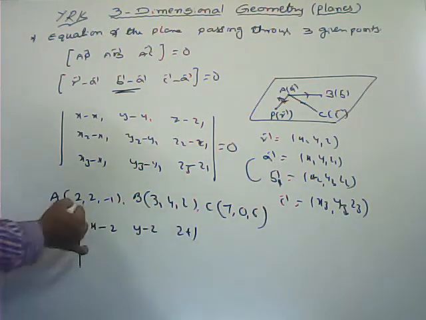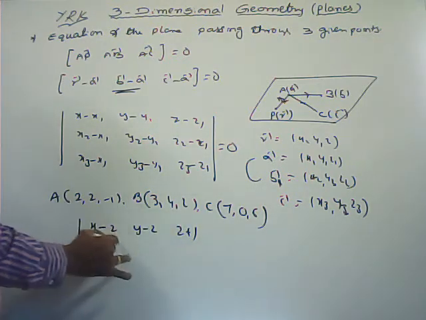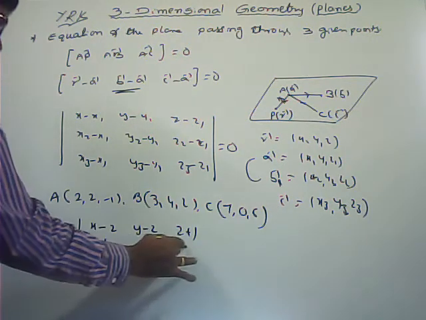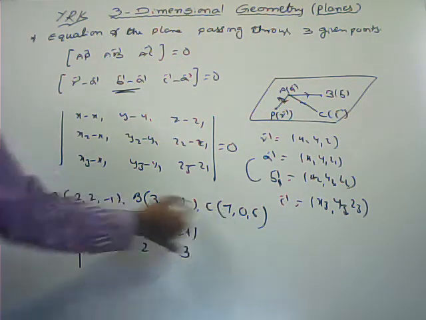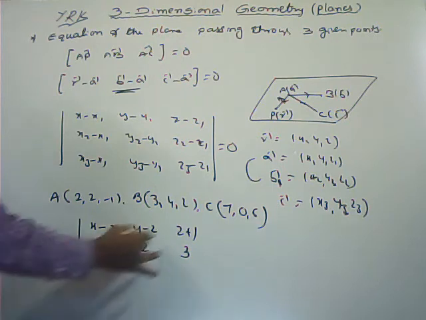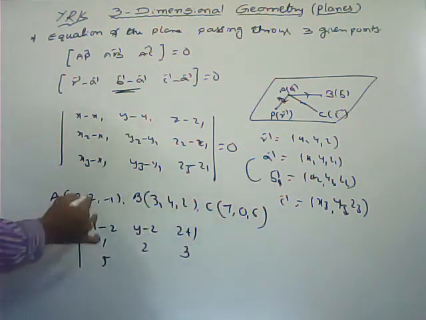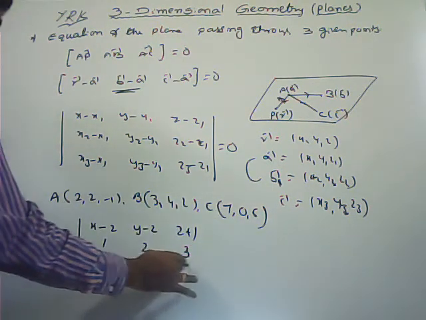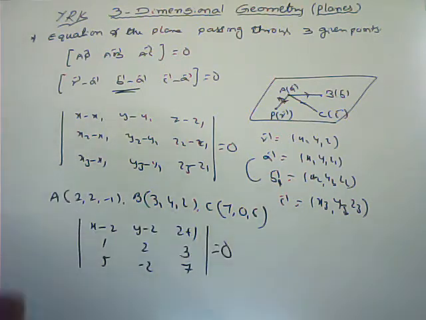Next, x2 minus x1, y2 minus y1, z2 minus z1. Next, x3 minus x1, y3 minus y1, z3 minus z1, is equal to 0. So this one you can expand and simplify, you will get the equation of the plane.